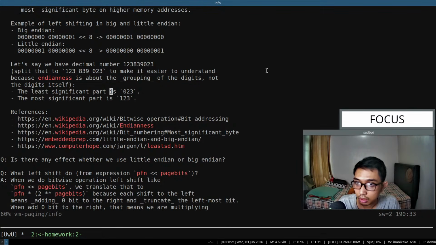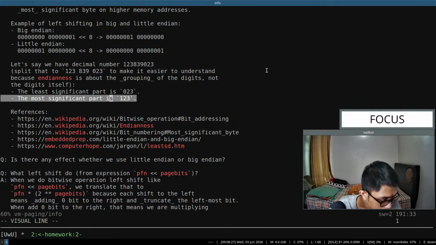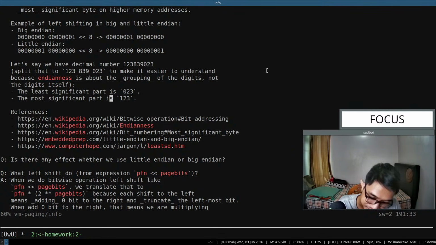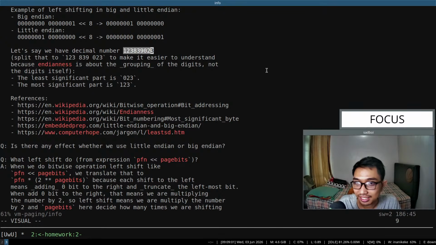Okay. The least significant part is this one. And in decimal we arbitrarily group by 3 and in binary by 8 for no good reason. Yeah, I am still not sure why we are grouping like this in decimal numbers, but it is what it is. There's a lot of mystery in here.